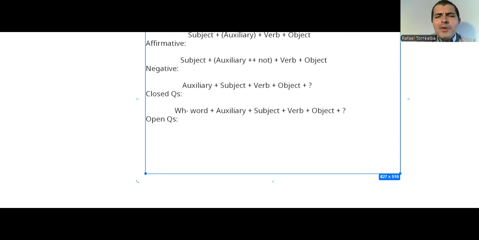Rafael, but the other day I was watching a TV series or I talked to a native and they said, "You cooked pasta?" Yes, because native speakers sometimes do not respect these rules. That does not mean that you should do the same. You should, in theory, respect the rules.